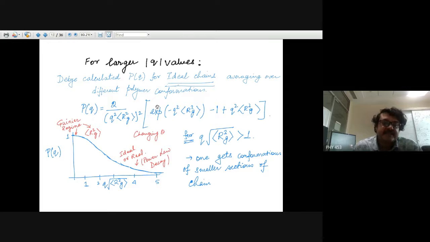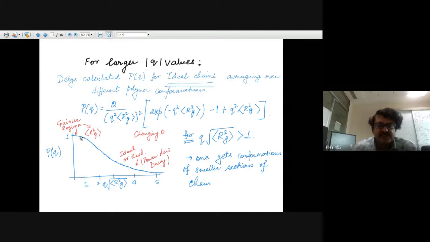So at small scattering angles, what I've plotted schematically, again taken from Rubinstein, is P(Q) versus Q times the square root of average r square g. From this regime, at the intercept, you can get the molecular weight.